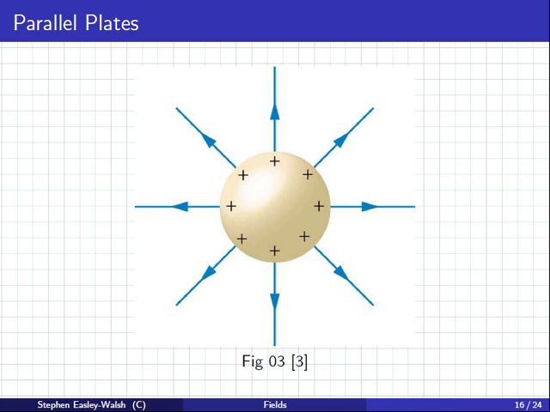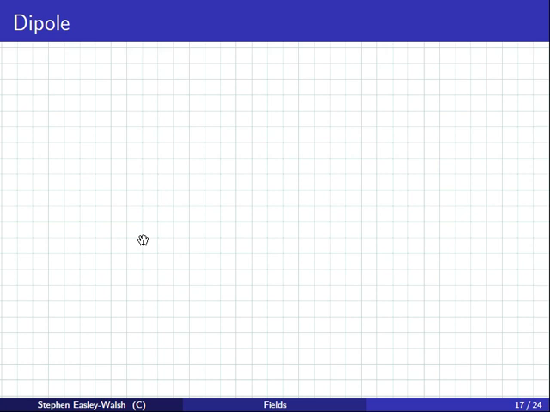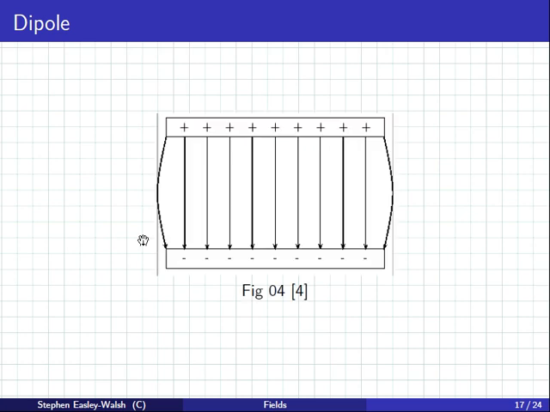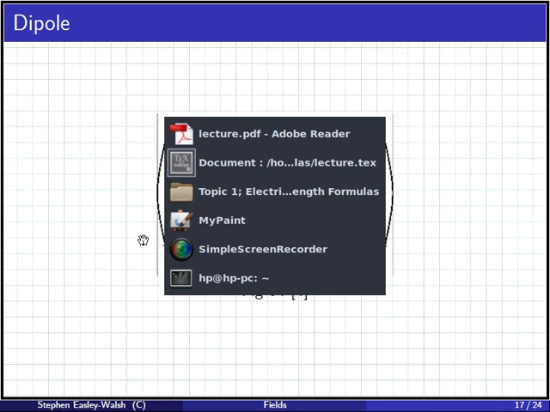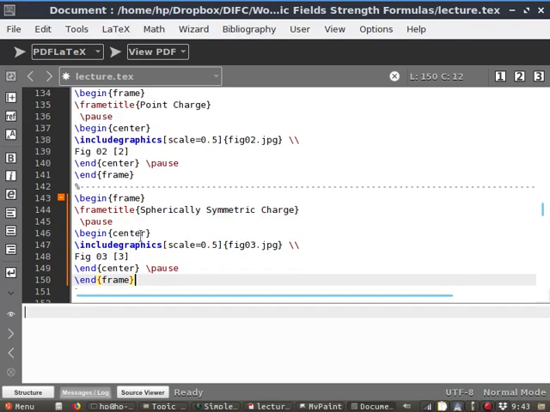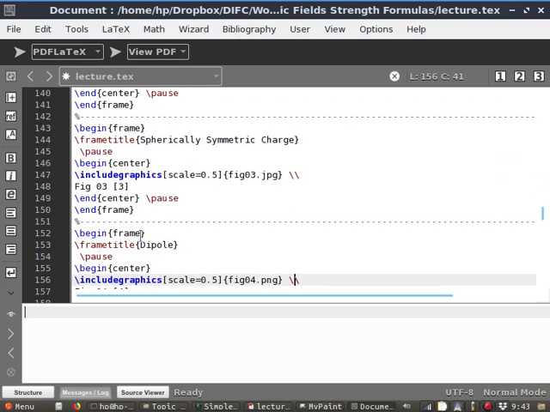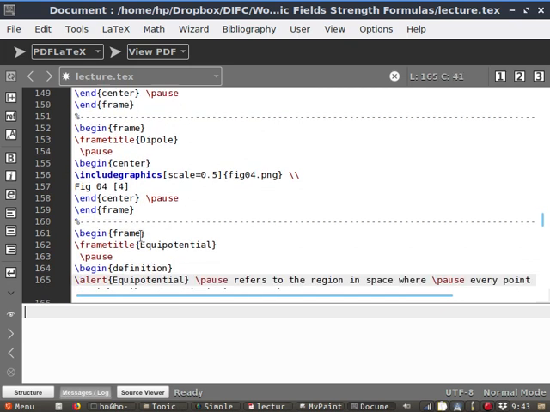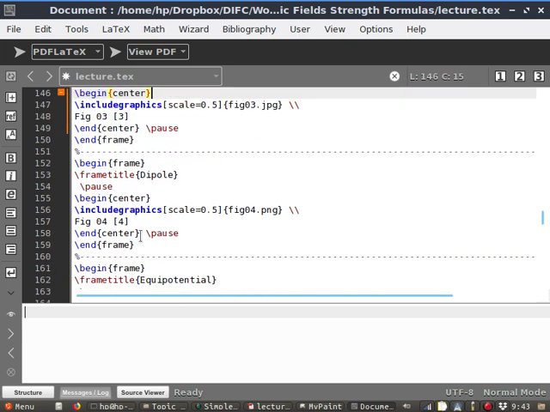And the last one here is not the dipole. This one is called the parallel plates. Yeah, this last one is not the dipole, it's called parallel. That's not how you spell parallel. It is.